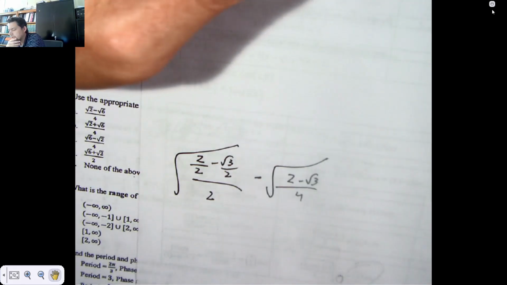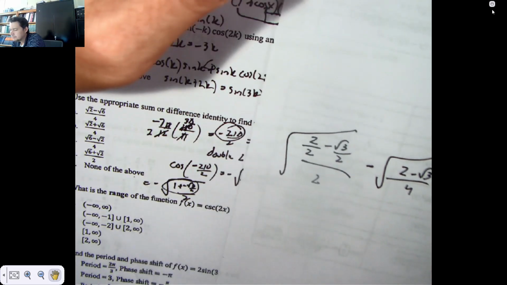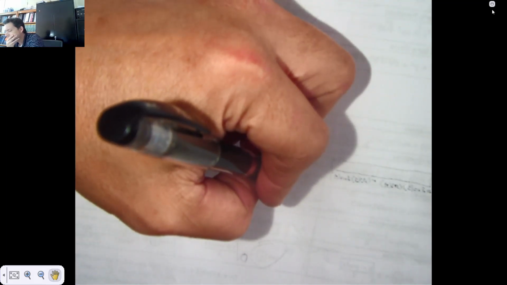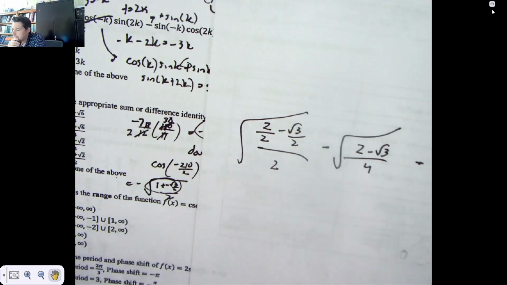It is the negative square root. It's kind of interesting what's going on here. I am using the right formula on it. I feel like I am. Not much you can do with this. This is the negative square root of 2 minus root 3 all over 2, which is not an answer choice.